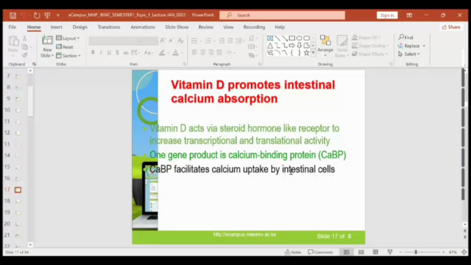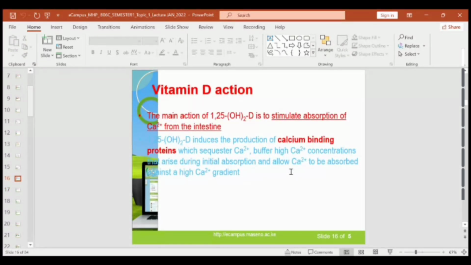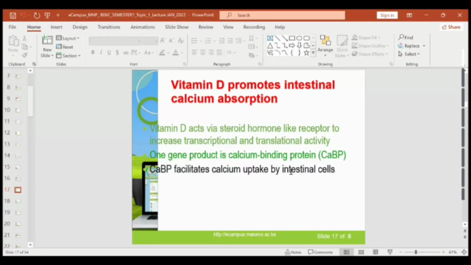But just note down that for the absorption of calcium from the diet to take place, an activated form of vitamin D3 is required to cause the formation of receptors at the intestines. And the receptors are called the calcium binding proteins. Note that one down.